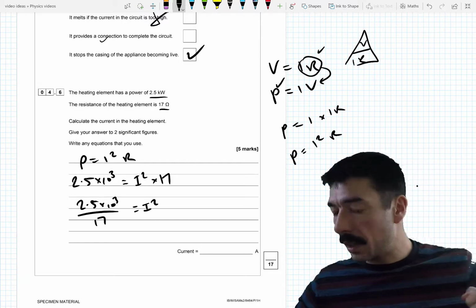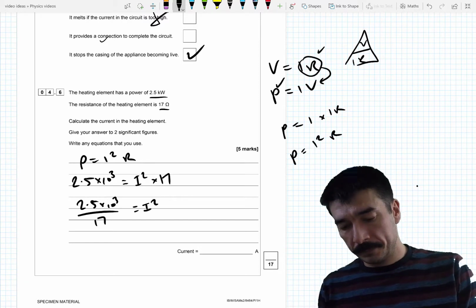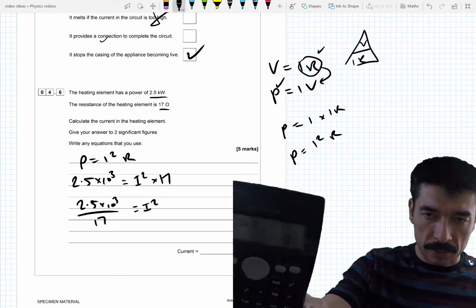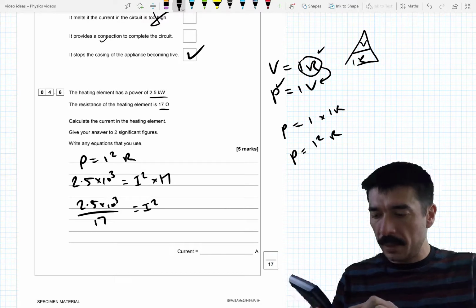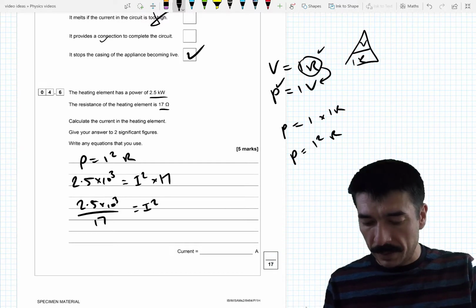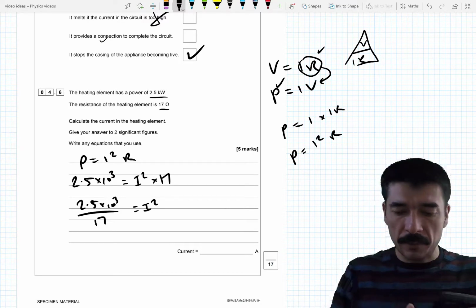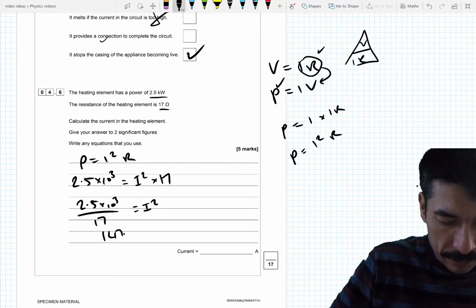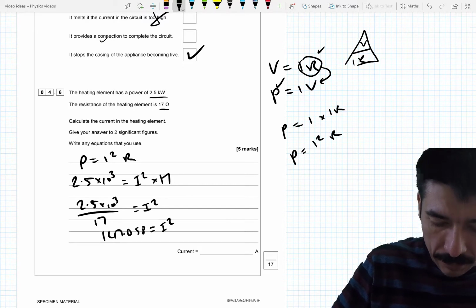So if I calculate that little bit, just to show you how I'm doing this, 2.5 times 10 to the 3 divided by 17 gets me 147.058. So 147.058 equals I squared.